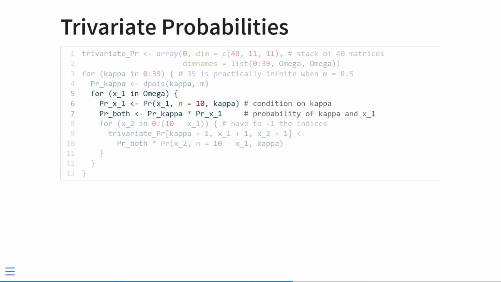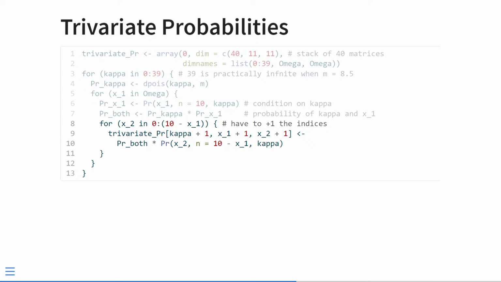Then I'm going to loop over the sample space for my first roll of a frame of bowling, and calculate the probability of knocking down x1 pins, given that 10 are up, conditioning on kappa. I can multiply the probability of kappa times the probability of x1 to get the bivariate probability for all values of kappa and all values of x1. Then I'm going to loop again from 0 to 10 minus x1.